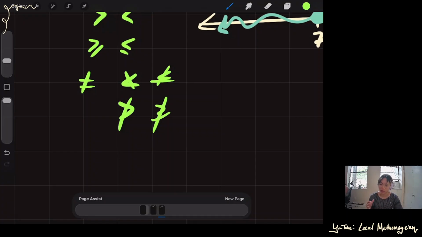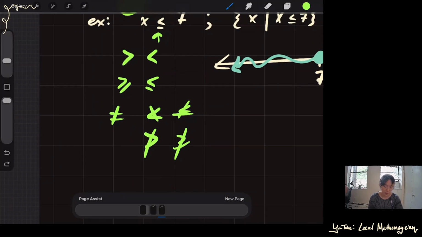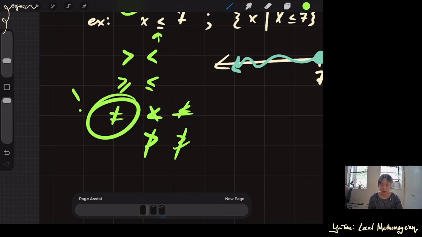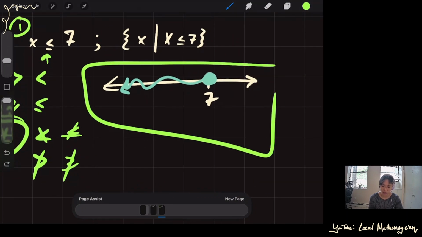You should be able to flip-flop between them comfortably. I don't use these very often, but you should know what they mean when you see them. And absolutely this. You should know how to read this, and you should absolutely know how to read and graph this.